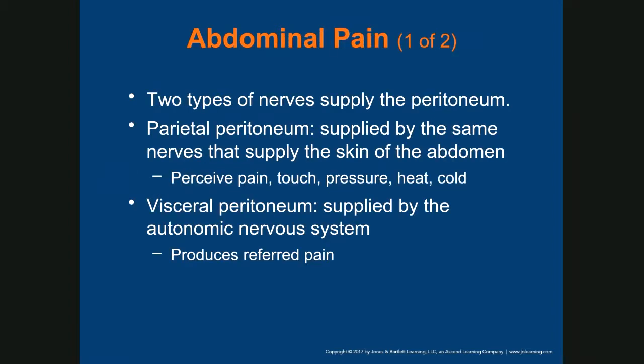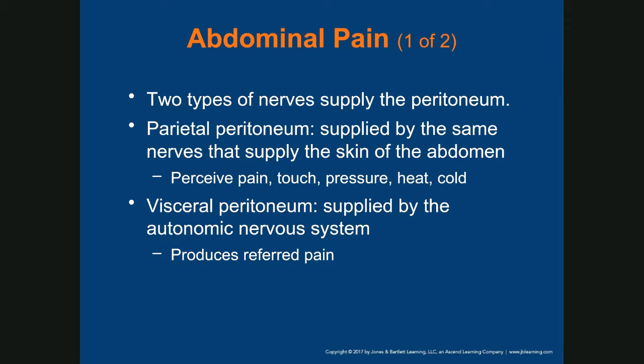All right, abdominal pain. You have two types of nerves supplied to the peritoneum. You have the parietal peritoneum, which is supplied by the same nerves that supply the skin of the abdomen, right? And this includes perceived pain, touch, pressure, heat, cold. Then you have the visceral peritoneum supplied by the autonomic nervous system, right?